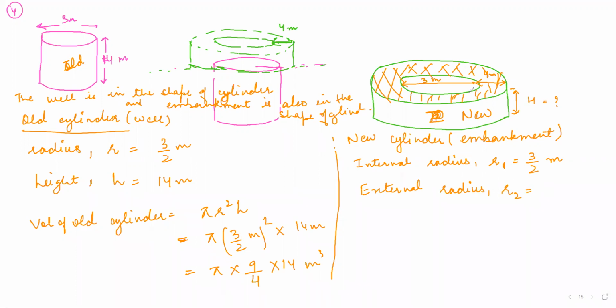So this is now from here to here and plus 4. Understood? So 3 by 2 meter and plus 4 meter. Is that okay? Yes, ma'am. 3 by 2 is 1.5 meter and plus 4 meter. So it is actually 5.5 meter is the external radius.